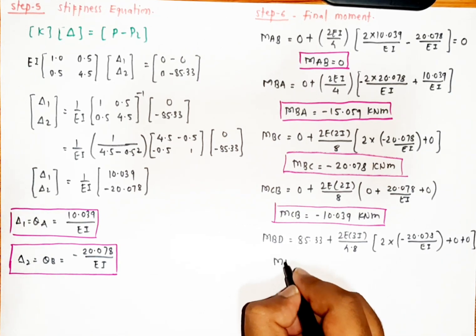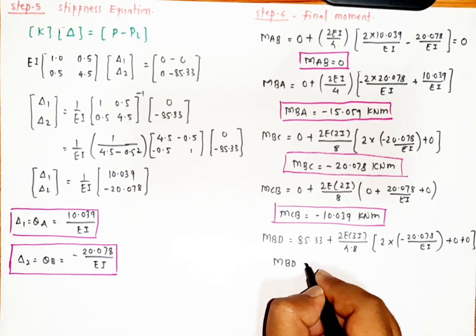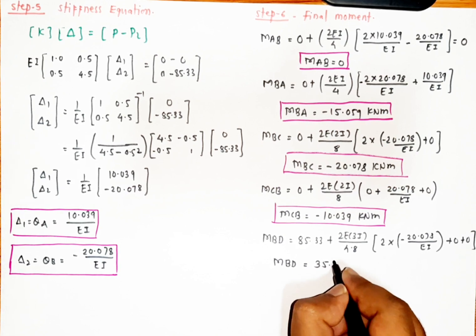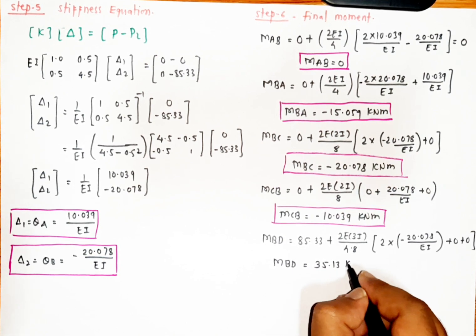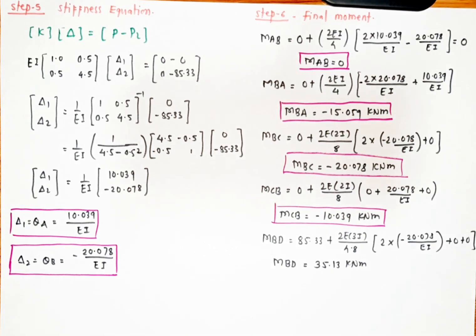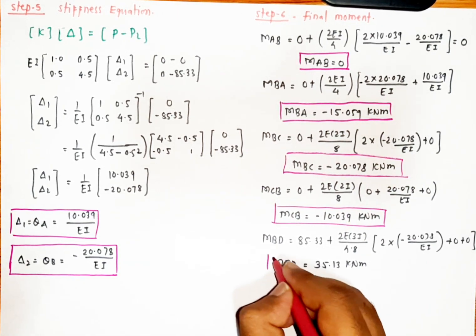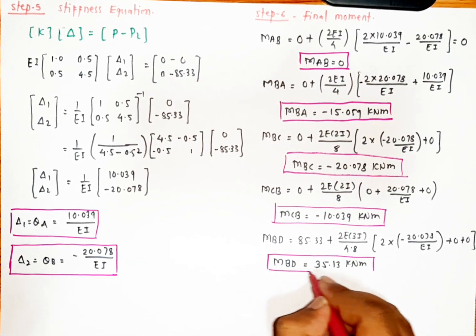So ultimately MBD is equal to 35.13 kilonewton meter. So this is all about the final moment MBD.